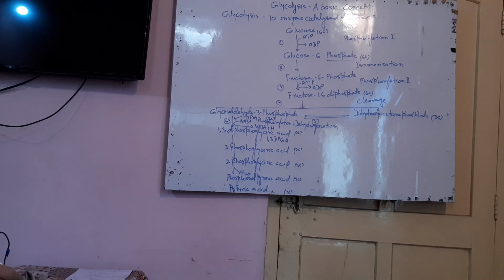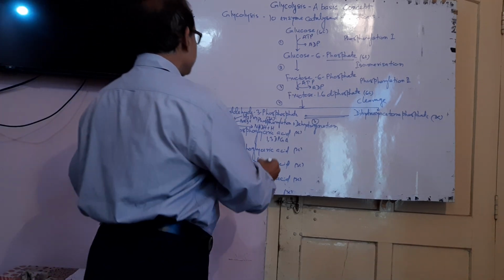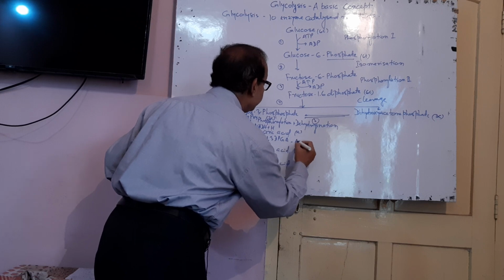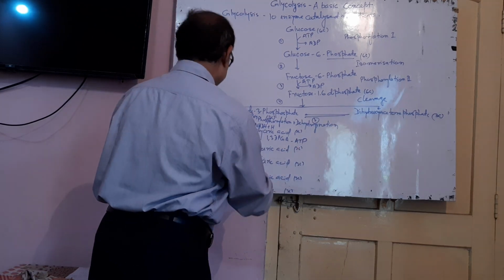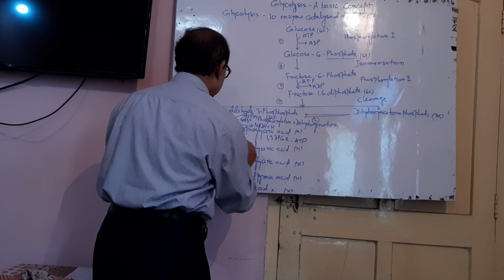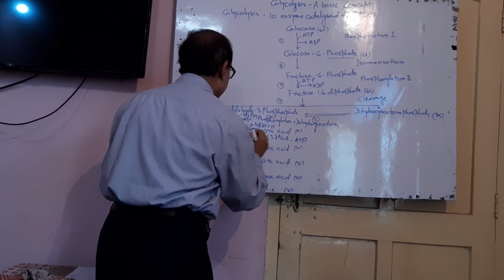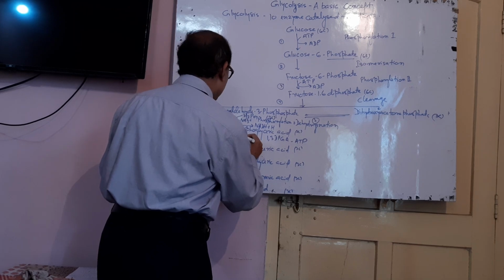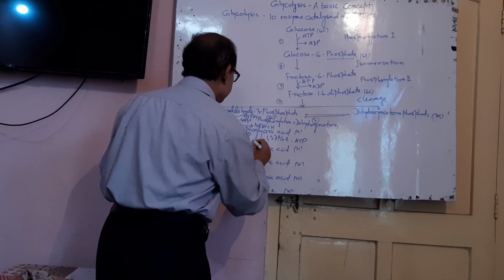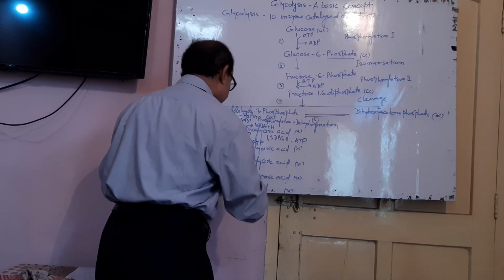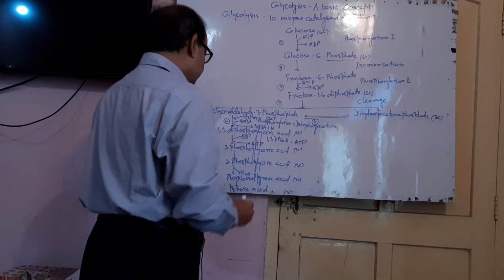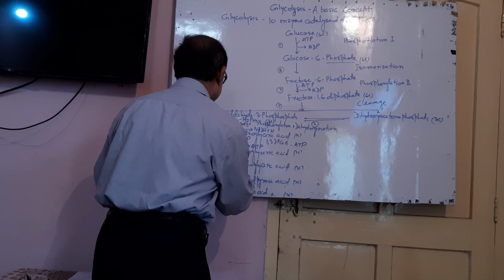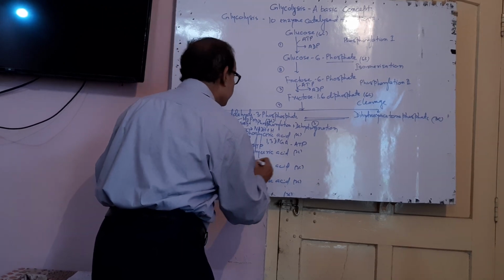The seventh reaction is the formation of 1 ATP, also called dephosphorylation, in which 1 ADP changes into 1 ATP. And the next process, the eighth reaction, is the mutation.